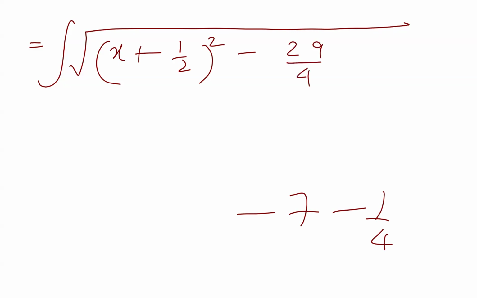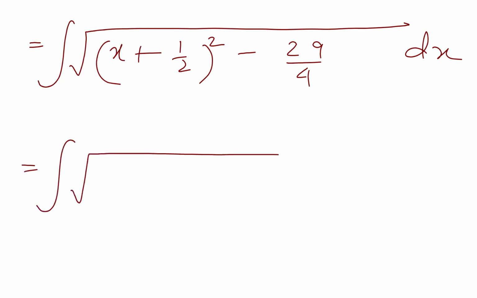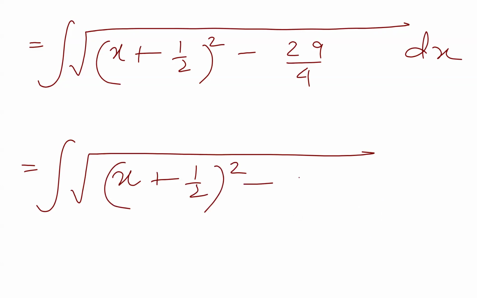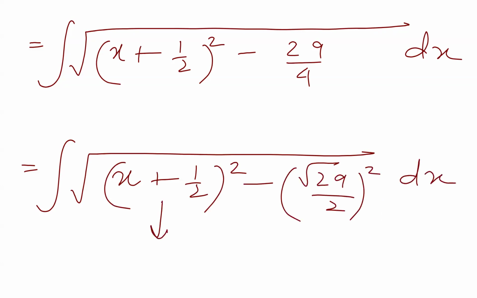Now you have to make that 29 by 4 a perfect square. So this equals root of x plus half the whole square minus root 29 by 2 the whole square dx. So this is x and this is a. Root of x square minus a square.